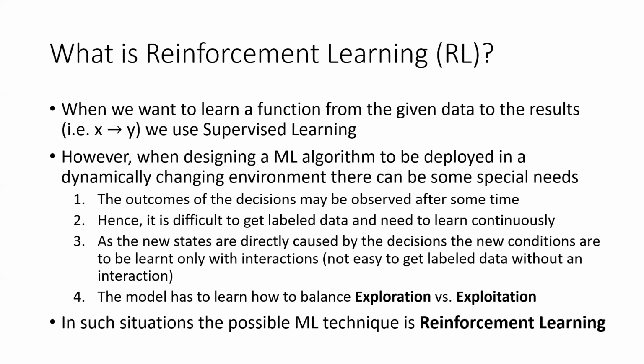If you can remember the time that you tried to walk in the earlier days of your life, that is a good example for reinforcement learning. First you try to walk and then you fall, and then you learn why you fell, and you learn all those things.